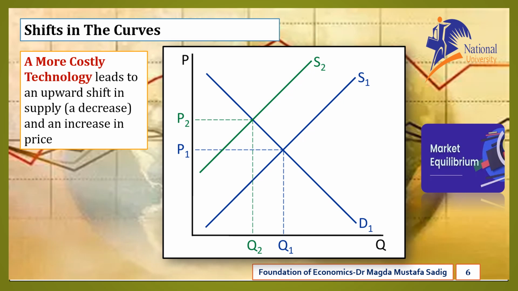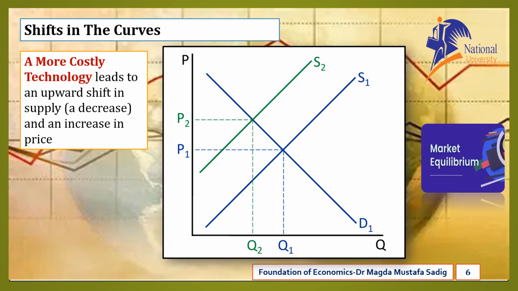As we have mentioned many times during the previous slides, market equilibrium occurs at the point where the quantity demanded equals quantity supplied. This point determines the equilibrium price P1 and the equilibrium quantity Q1. Now let us look at the graph.